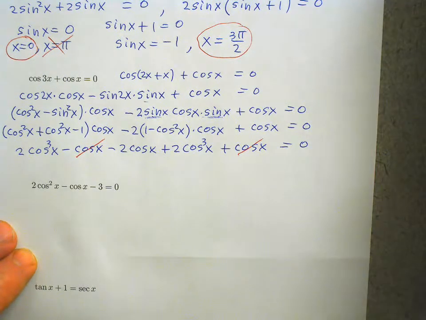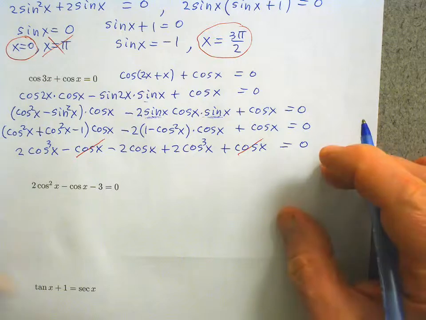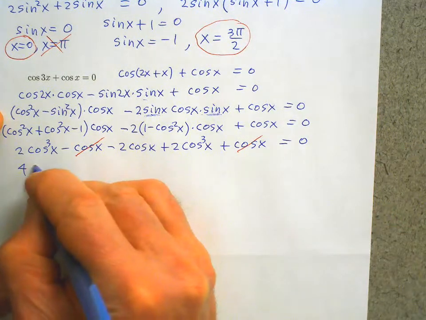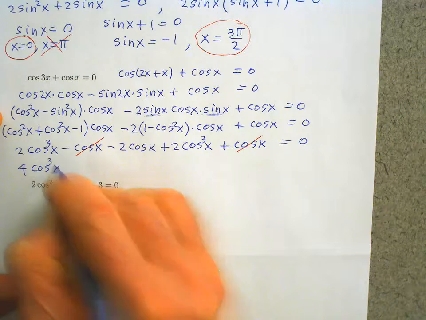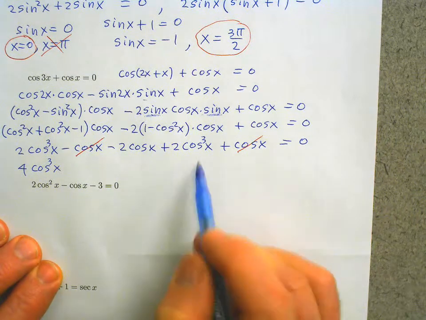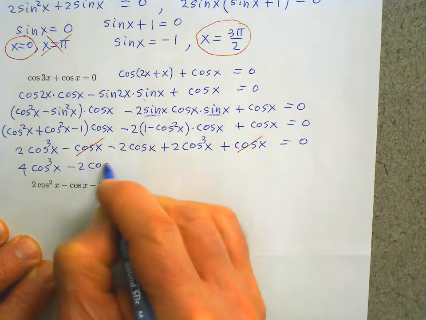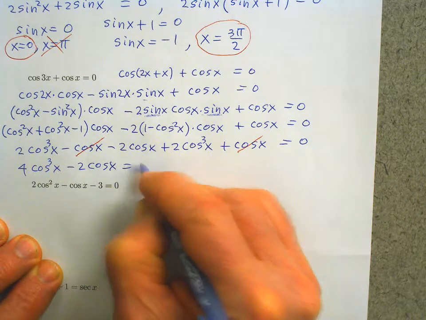And when we combine like terms, we have a total of 4 cosine of x to the third minus 2 times cosine of x equals 0.